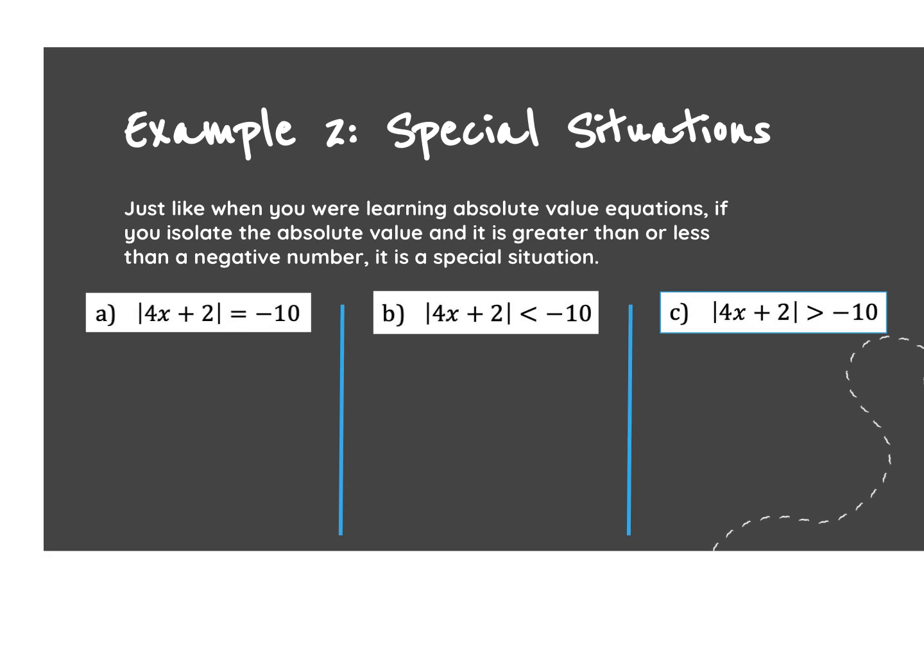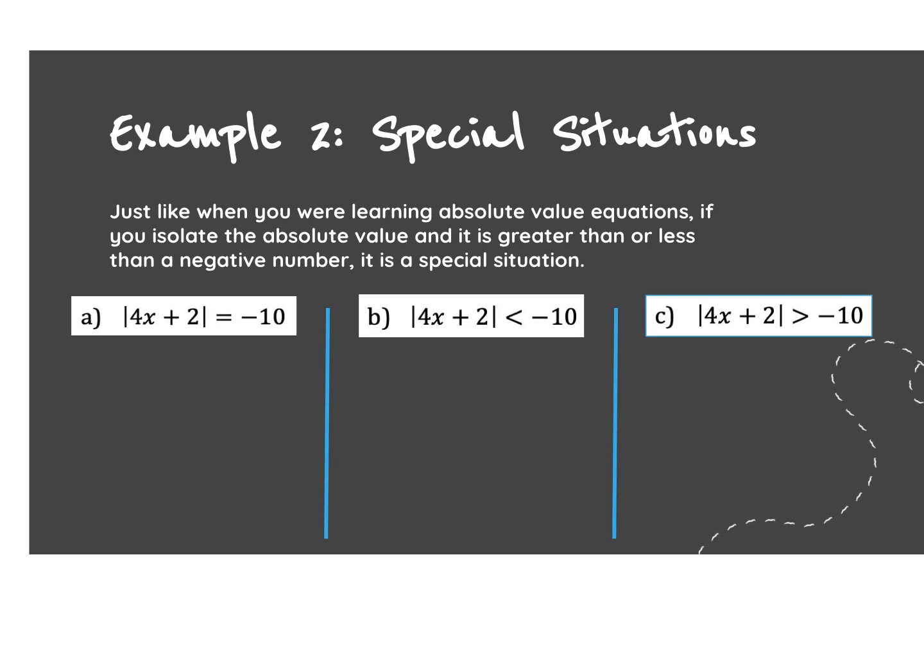So when I look, you're going to have some unique situations. First off, you've got an absolute value equal to a negative number. All right, that is a big clue that there is no solution. Okay, there is no value I can put in there, get a negative number, and have it be negative 10.